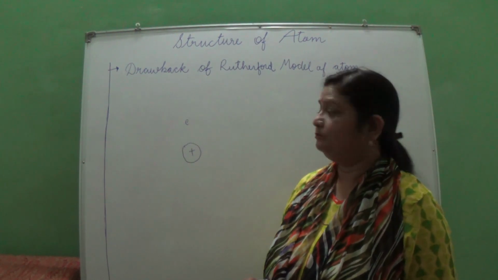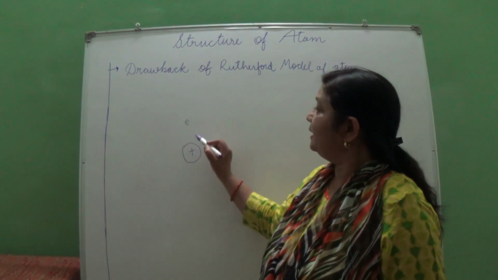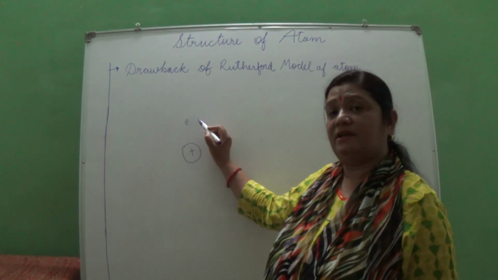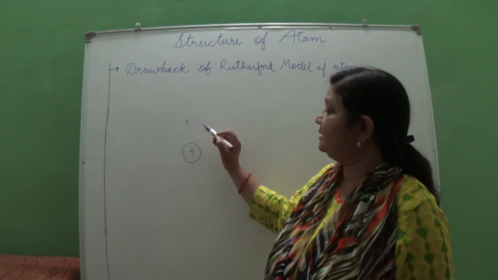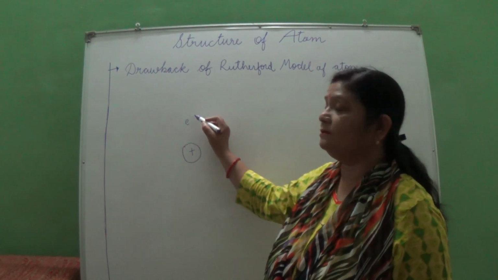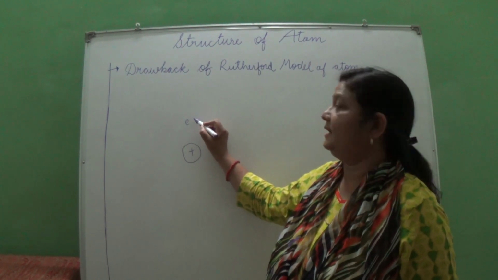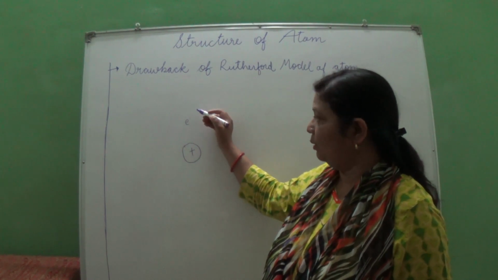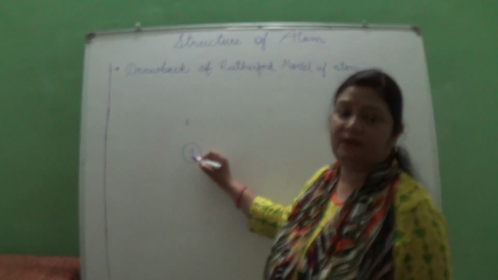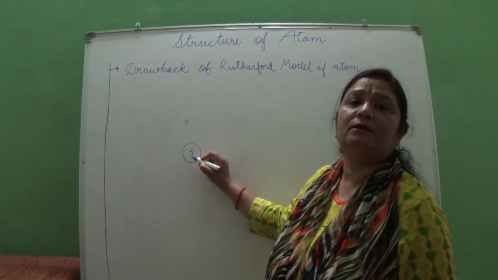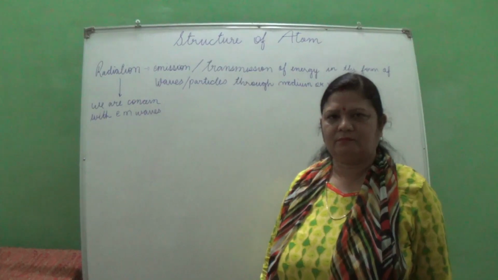What will happen? If it is present in the stationary mode only, this positive charge will try to attract this negative charge, and as a result it will go on shrinking, and it will again get into the nucleus of the atom.